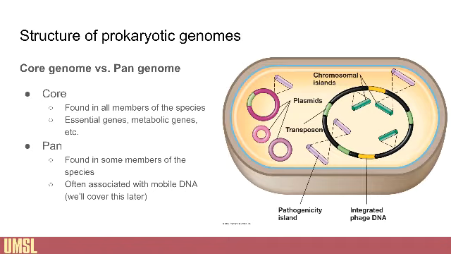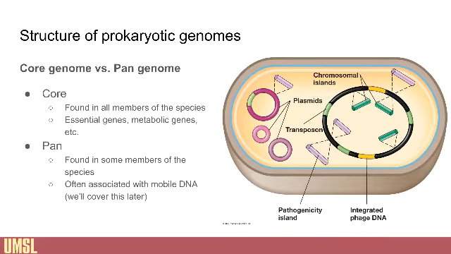The pan-genome you'll often find comprised of things like plasmids or transposons, which are essentially chunks of DNA that are able to move around in bacterial chromosomes and be lost and gained. Also integrated phages, so viral infections that become prolonged, stable, dormant infections in bacterial pathogens.